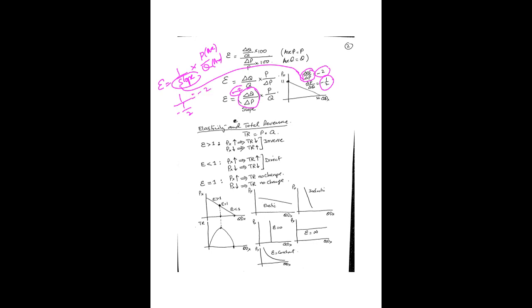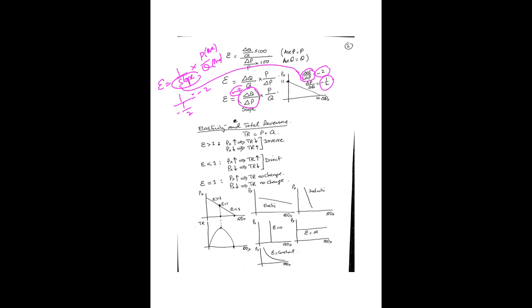But remember, this change in Q over change in P is not the slope of the demand curve. That's why I just wrote slope. I did not write slope of the demand curve. This is the slope of the demand function. And I did not intentionally write demand function because I did not discuss demand function in detail. And that is not included basically in this course.